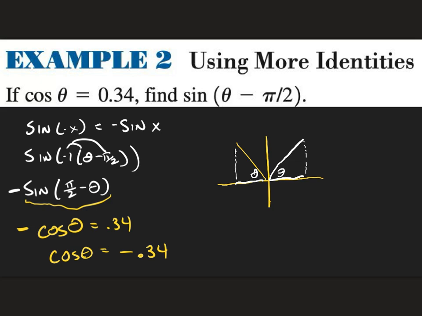So the cosine of theta is equal to the cosine of negative theta. It's just the lengths. If the length is 0.34 or the ratio is 0.34, then negative 0.34 will give you the same angle when you do the inverse cosine.